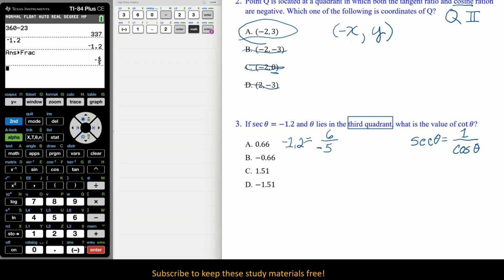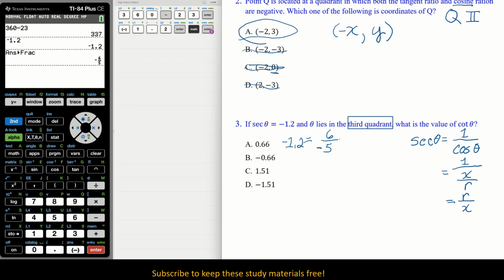Let's rewrite this. What we have here is 1 over cosine, and cosine is x over the radius. So we use the reciprocal, radius over the x.